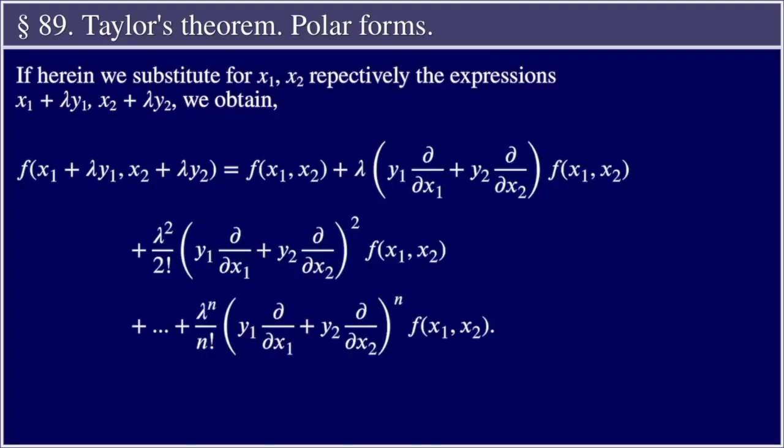If herein we substitute for x_1, x_2, respectively, the expressions x_1 plus lambda y_1, x_2 plus lambda y_2, we obtain f(x_1 plus lambda y_1, x_2 plus lambda y_2) equals f(x_1, x_2) plus lambda (y_1 d/dx_1 plus y_2 d/dx_2) f(x_1, x_2) plus lambda squared over 2 factorial (y_1 d/dx_1 plus y_2 d/dx_2) squared f(x_1, x_2) plus ... plus lambda to the n over n factorial (y_1 d/dx_1 plus y_2 d/dx_2) to the n f(x_1, x_2).